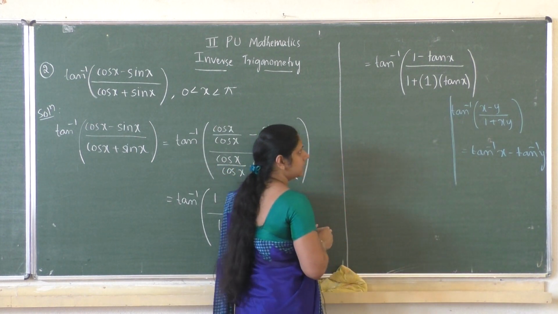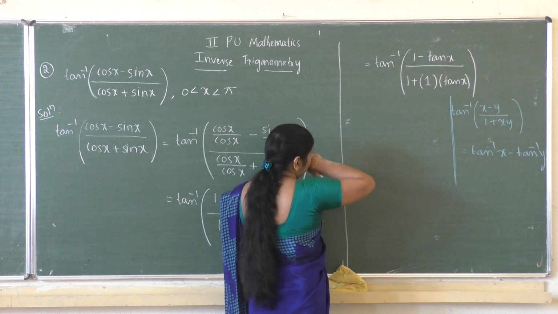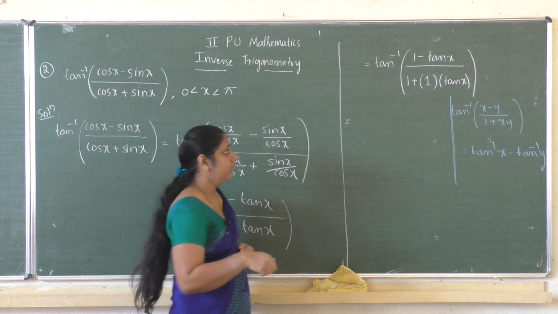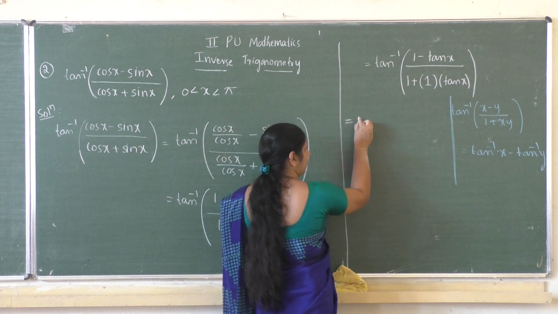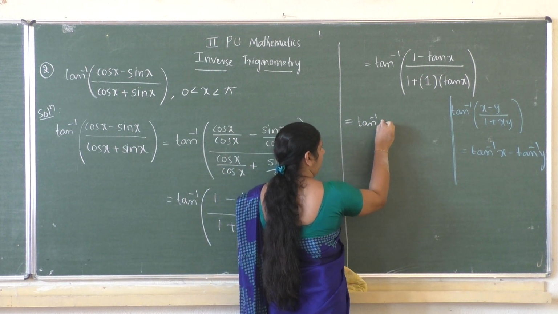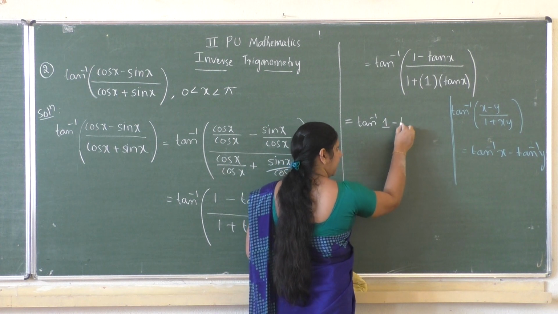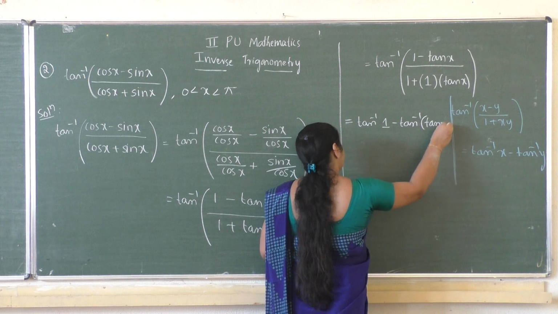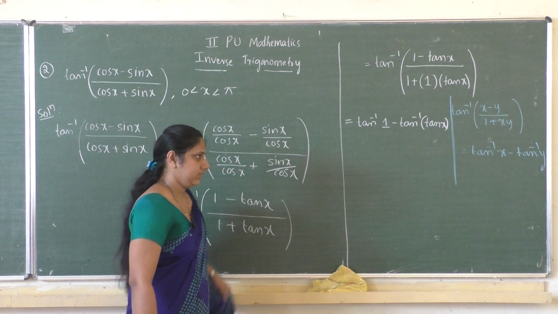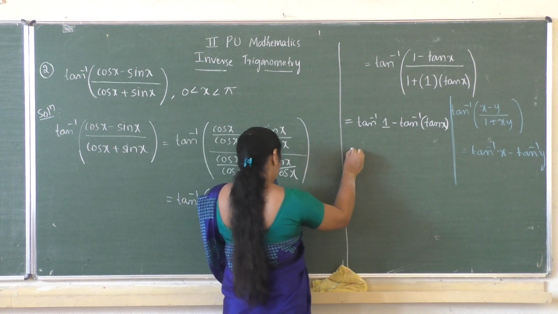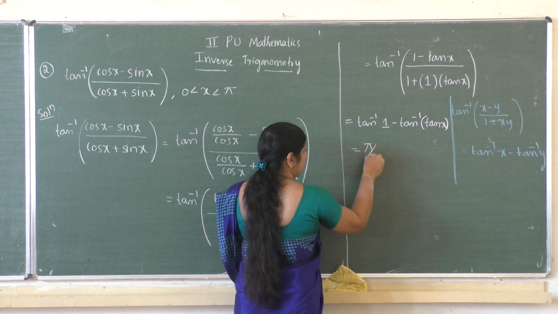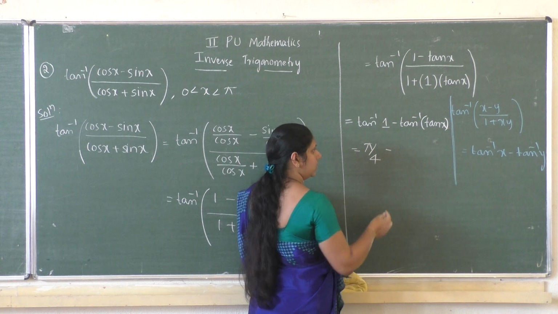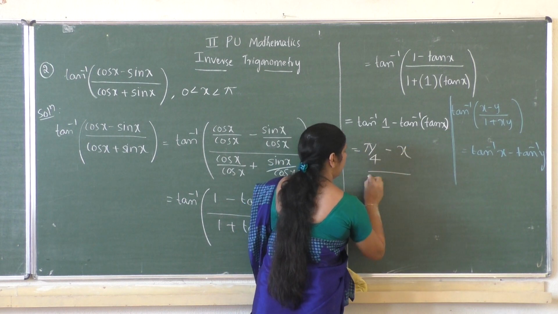So if you use this formula here, in the place of x we have 1, in the place of y we have tan x. So it will be equal to tan inverse of 1 minus tan inverse of tan x. Again, what is the value of tan inverse 1? It is pi by 4, minus tan inverse of tan x, which will be equal to x.